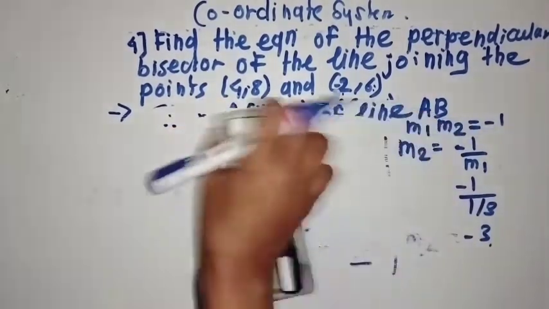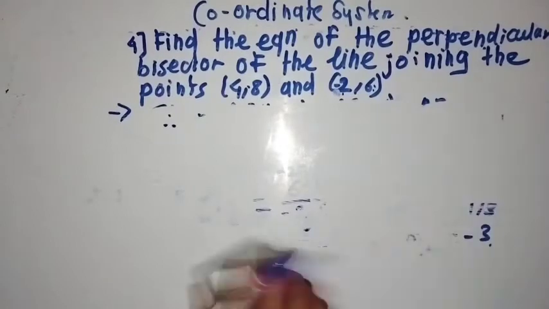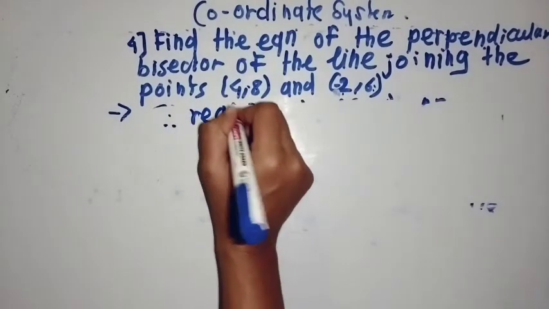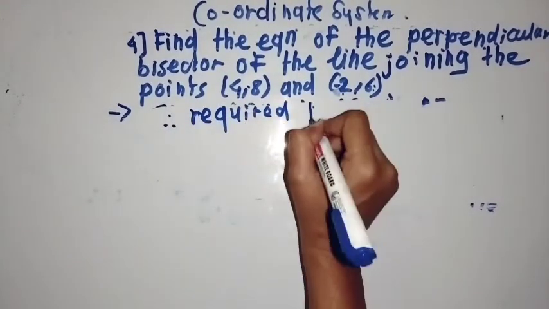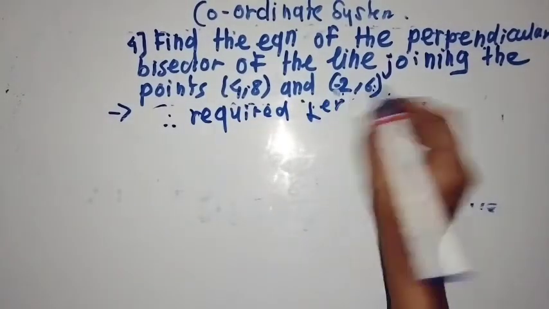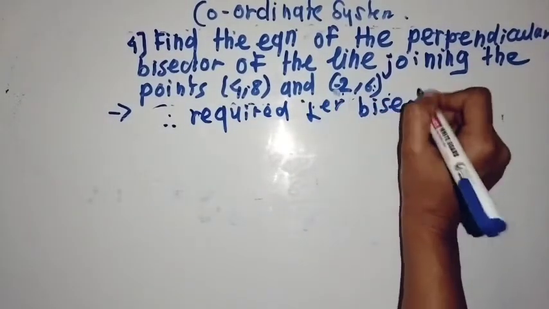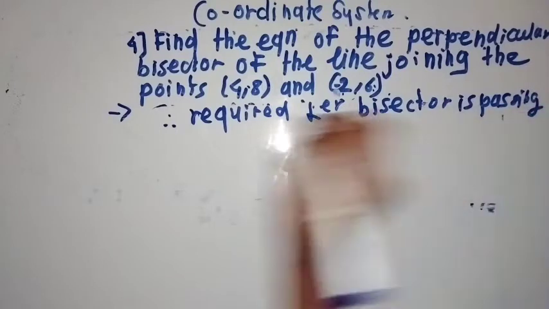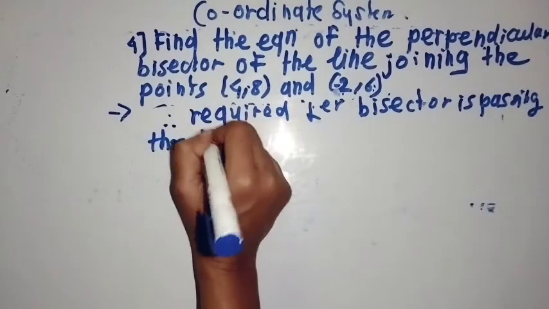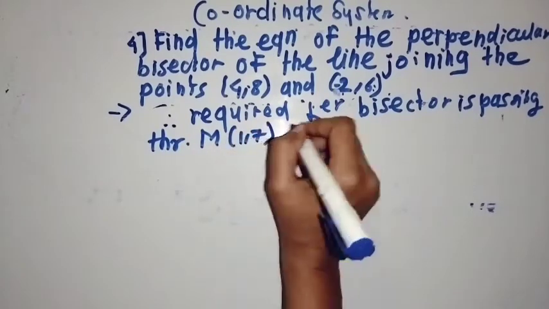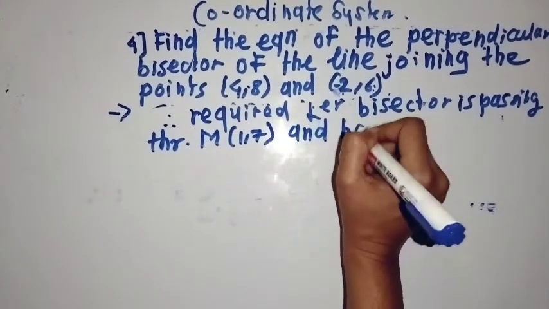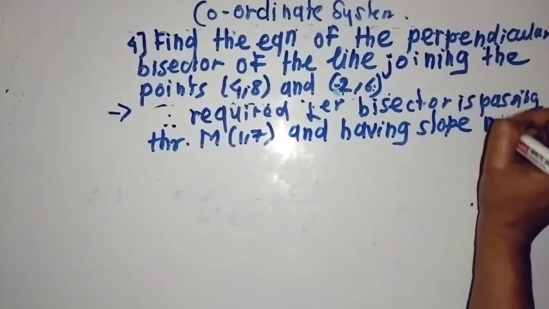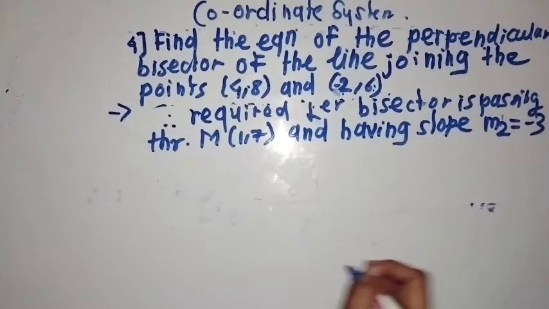The required perpendicular bisector passes through the point M(1, 7) and has slope m2 equal to minus 3.